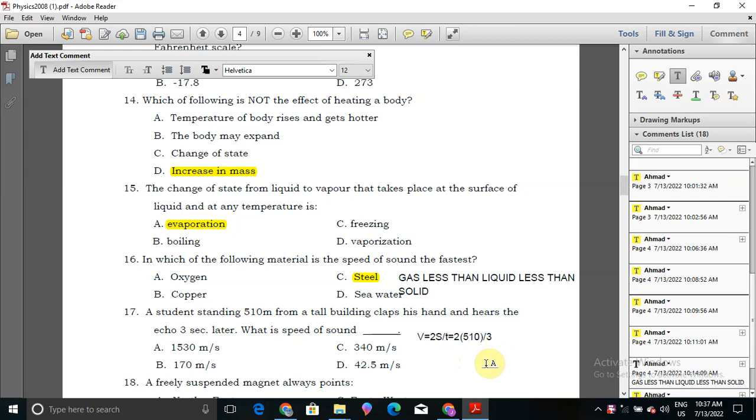After multiplying 510 by 2, it will be 1020. Divide by 3. Then the answer will be 340 meter per second. So this is the correct answer for question number 17. The correct choice for question number 17 is C.